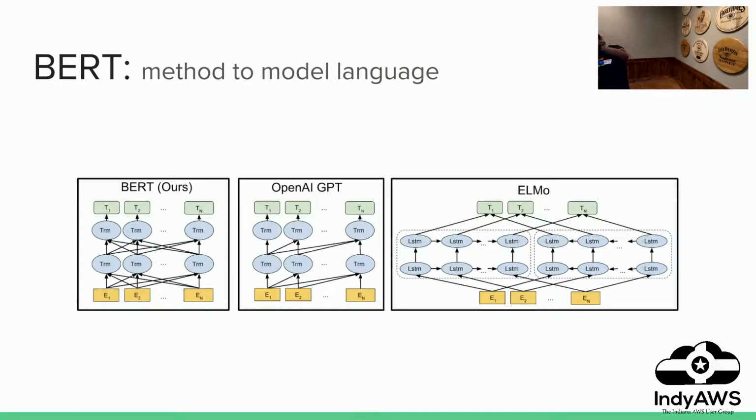The bottommost layer is basically the words that are going into your classification algorithm or a summarization algorithm or what have you. And on the top, the T's are the targets. So if you wanted to classify each word to represent something, you could do that. If you want to take this entire sentence and classify it as fake or not fake, or positive or negative sentiment, what have you, that fits in this.